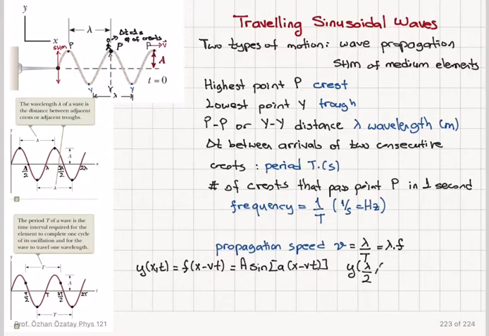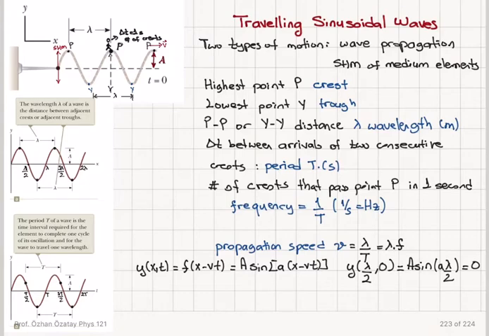So for this wave function at time t equals 0, at position x equals lambda over 2, I have sine of a lambda over 2. This must be equal to 0. So a cannot be equal to 0, because that means there is no wave.